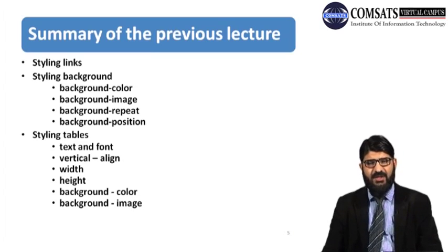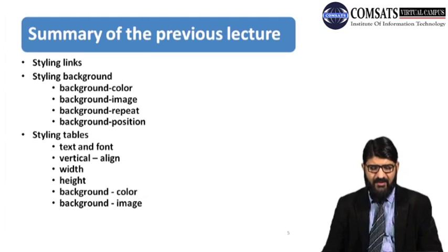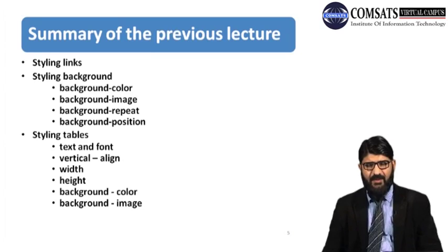In the last part of the lecture, we discussed styling of tables. We have seen that all the text styling and font styling can be incorporated with tables. Then we have seen the vertical alignment of the table. We have also overviewed the width and height of the table, which are controllable.